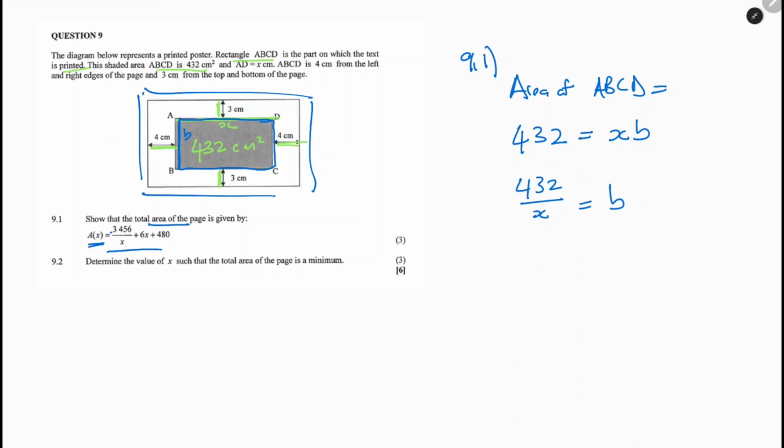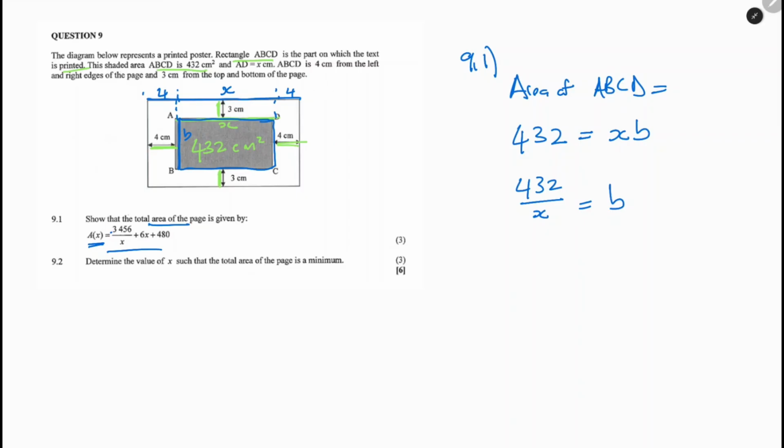So why do I want to isolate B? Because I can see that this length over here is going to equal X, and then I've got 4 centimeters here and 4 centimeters here.